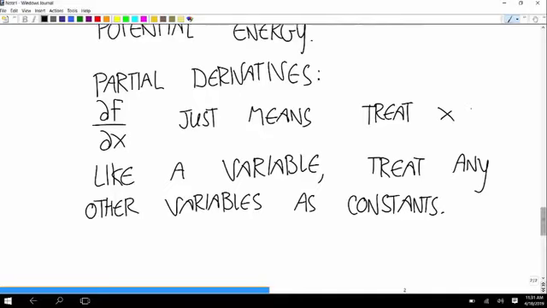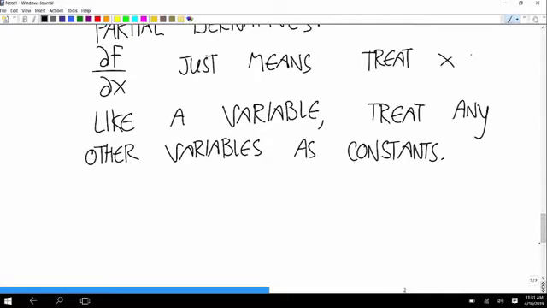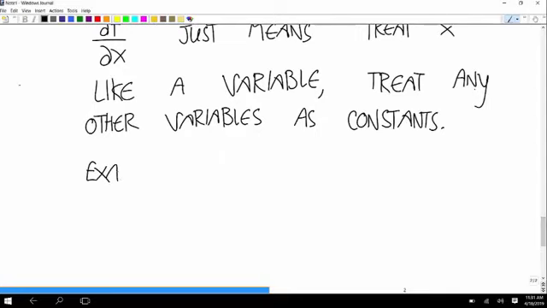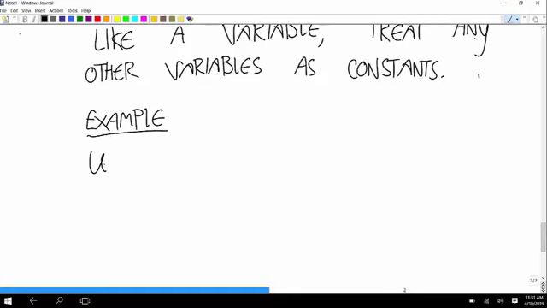Okay, so as an example, let's say that we have some arbitrary potential energy function that's equal to 50xy squared.